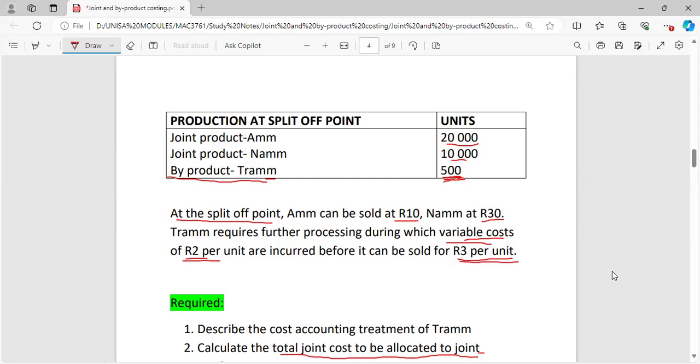I wanted to find out if we are not given the byproduct, do we calculate it?